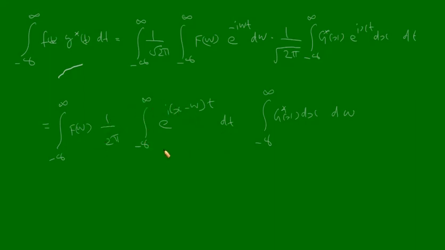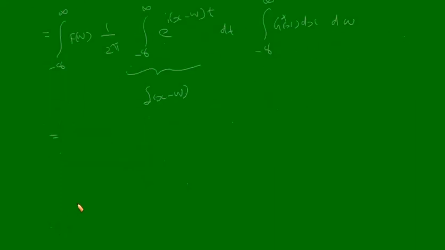So instead of this term, I can write that this term is equivalent to delta x minus omega. Okay, so this will be equal to integral from minus infinity to infinity f of omega into integral from minus infinity to infinity delta x minus omega g star x dx d omega.